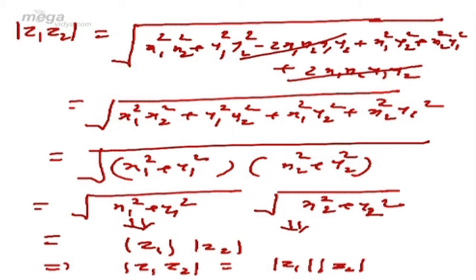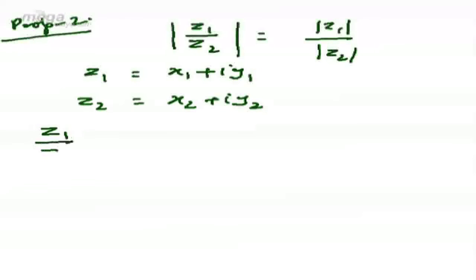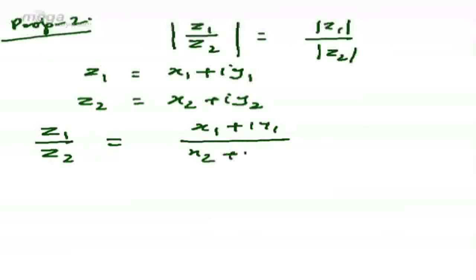Now we come to the property second, that is mod of z1 by z2 is equal to mod of z1 by mod of z2. Again we take z1 is equal to x1 plus iy1 and z2 is equal to x2 plus iy2. z1 by z2 will become x1 plus iy1 divided by x2 plus iy2.